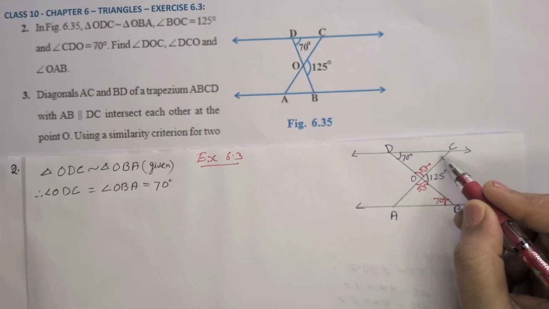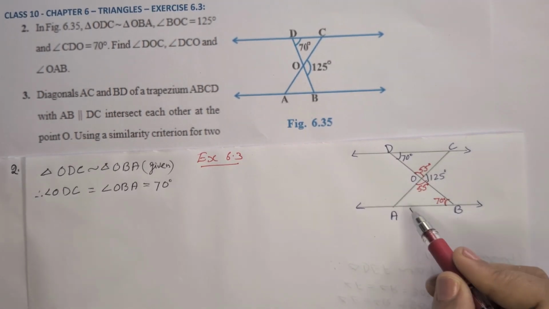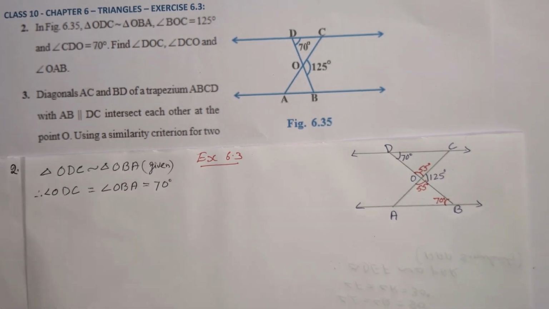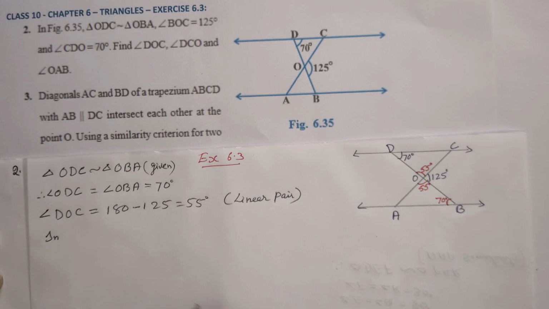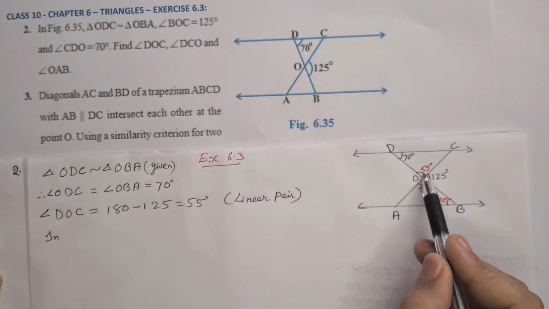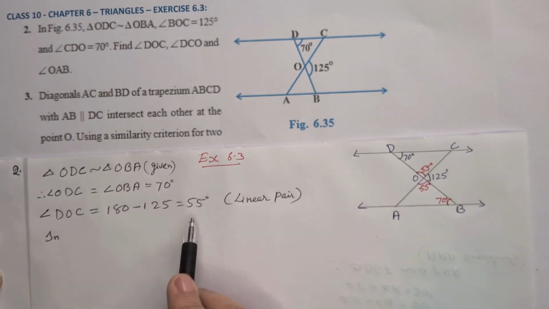DOC is a triangle, and we can find the third angle. Here also OAB is a triangle. By the angle sum property, we can find the third angle. That is, DOC is equal to 180 minus 125, which is equal to 55.